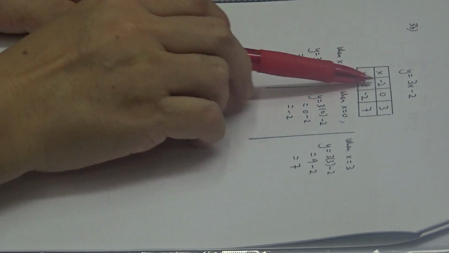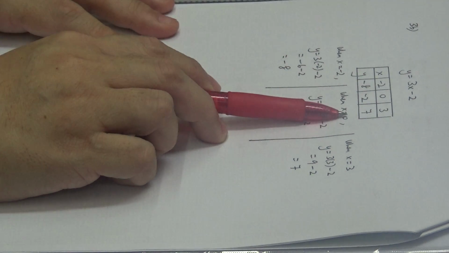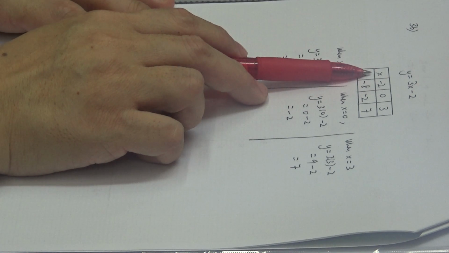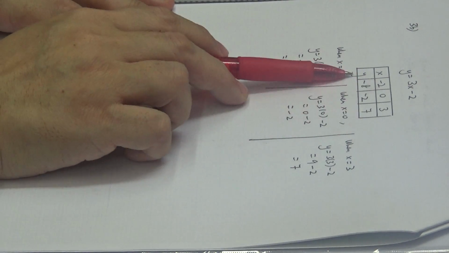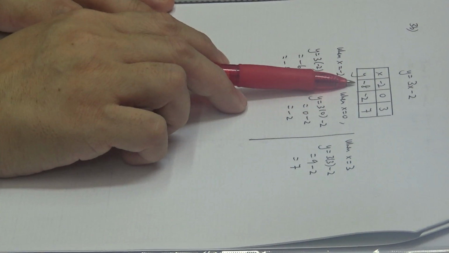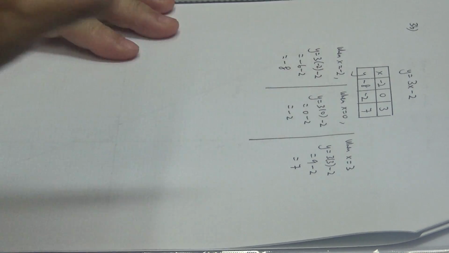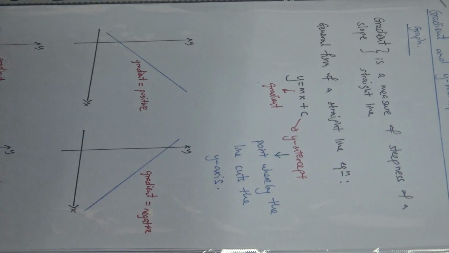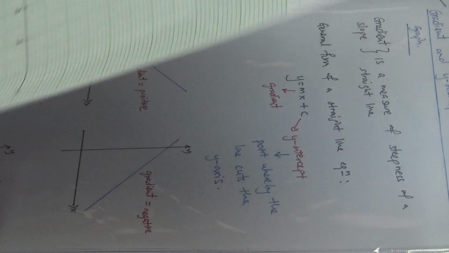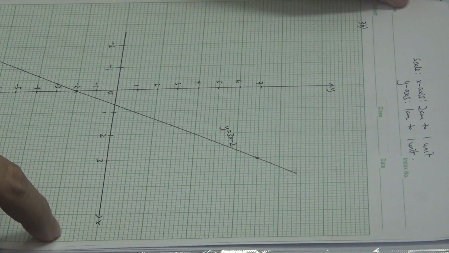So I've gotten 3 points, and I know that x is from -2 to 3, and for the y, -8 is the smallest, 7 is the biggest. I will give you the scale to question 3B. Can you write down this scale?